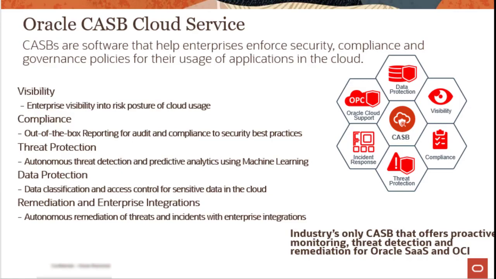The CASB service can also be used for shadow IT discovery. There's a discovery feature that monitors application usage and also displays information about the risk for each of these applications. And you can download a list of all these applications for further analysis as well.